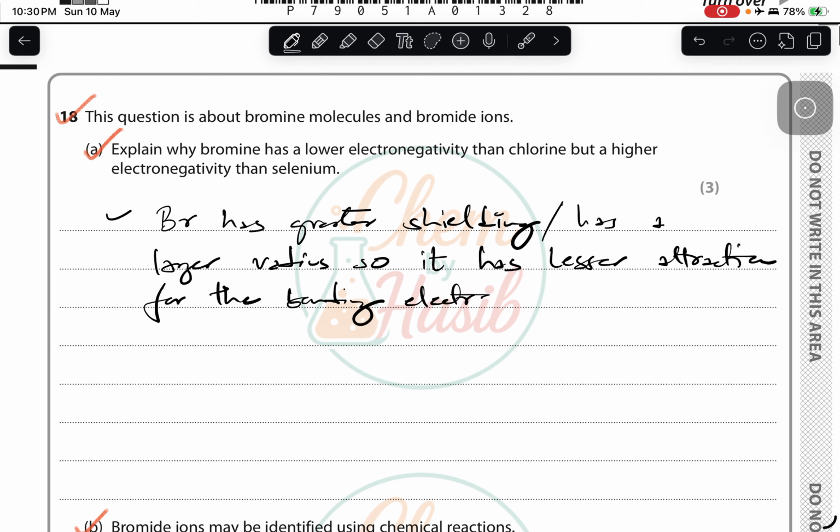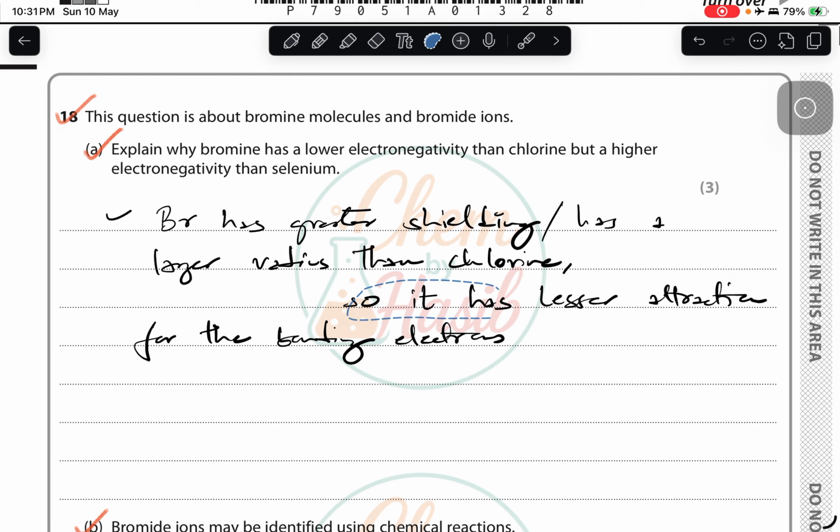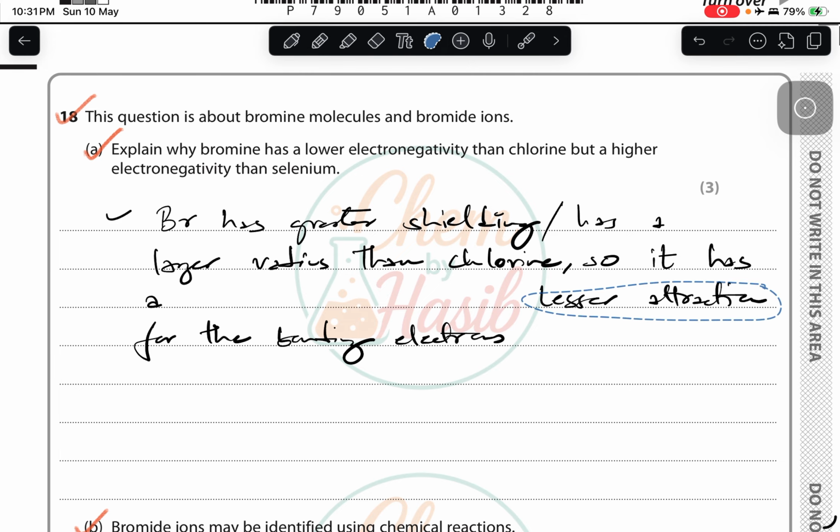Since we are comparing this with chlorine, we have to write it has a larger radius or greater shielding than chlorine. You have to write that because we are also comparing it with selenium. So it has a lesser attraction for the bonding electrons of the bonding pair.